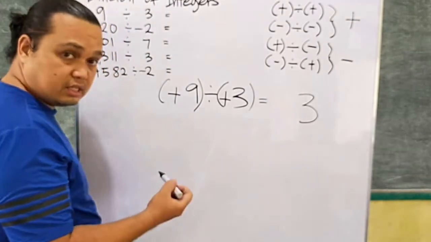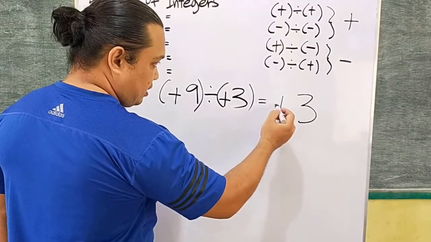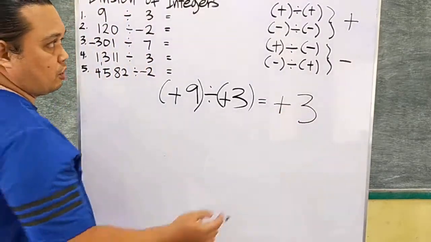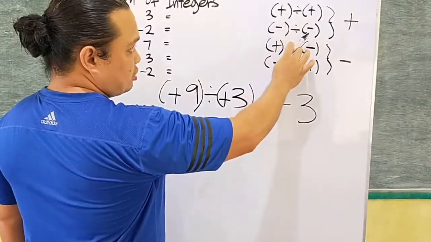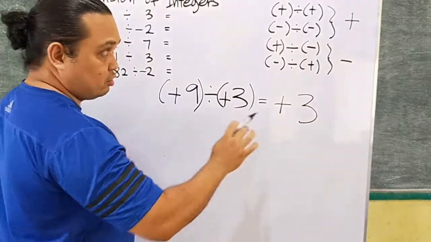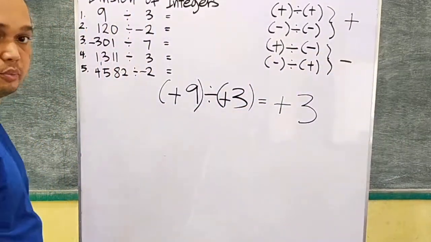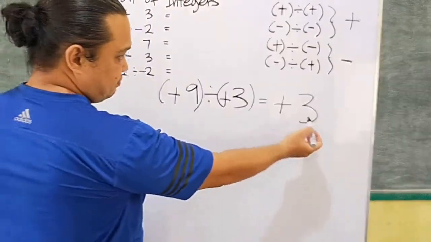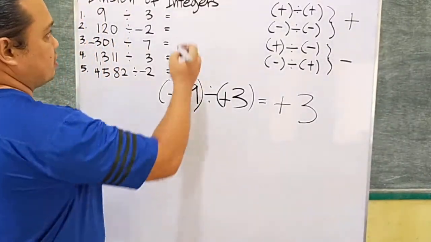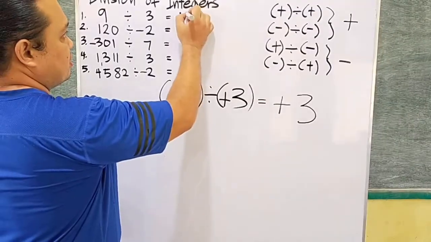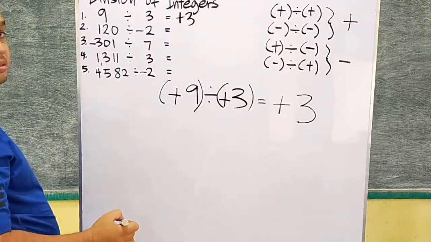The result is a positive integer. Why? Because the quotient of like integers is a positive integer. Therefore, our answer will be positive 3 or 3. So that's how we divide integers.